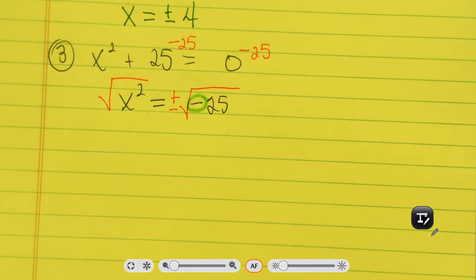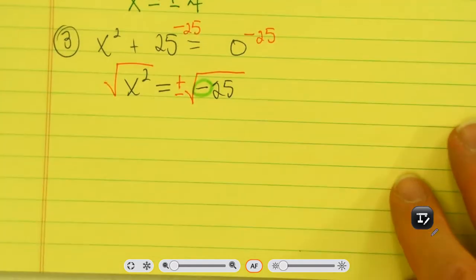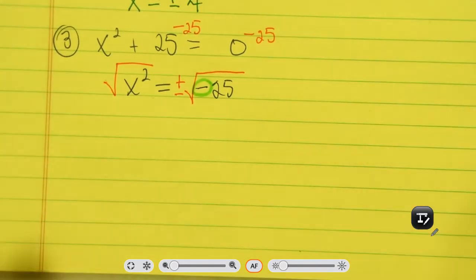Now, remember what I'm looking for: the same number times the same number. When I say same number, I mean its sign, positive or negative. Every part about it is exactly the same when I square it. So what I want to know is what number times the exact same number gives me a negative 25.